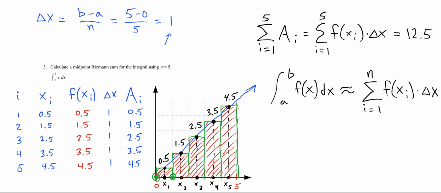We should see a little bit of similarity between these formulas. And so n is the total number of rectangles, and that can actually vary depending on the person doing the Riemann sum.